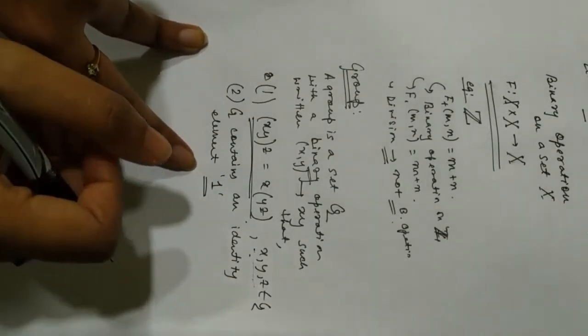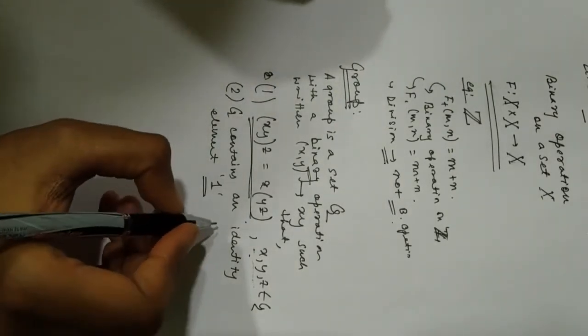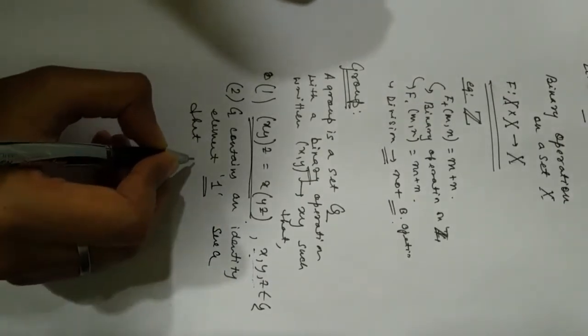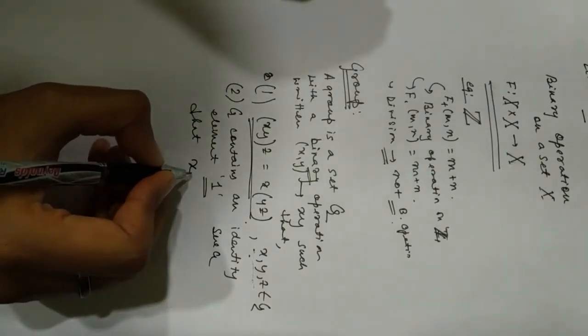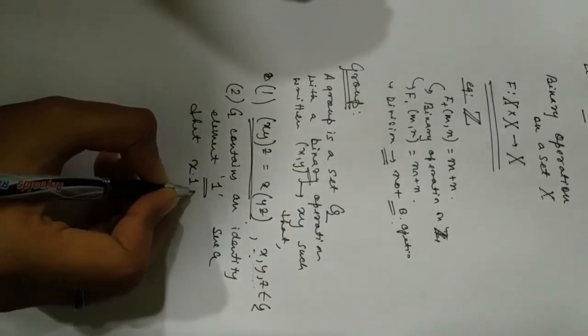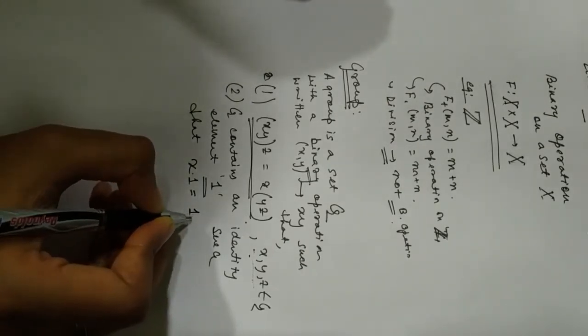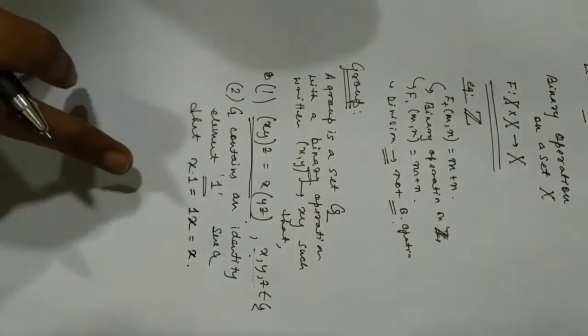The identity element can be anything, but the notation is like this. So G contains an identity element such that any element of the group, say x, with the binary operation performed with 1, is equal to the identity element performing the binary operation on x, is equal to x.